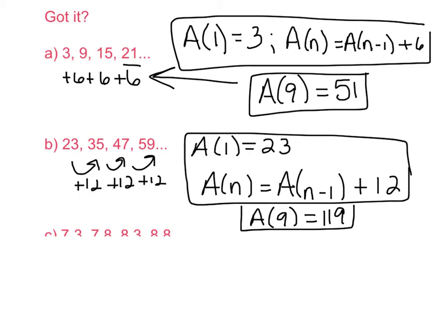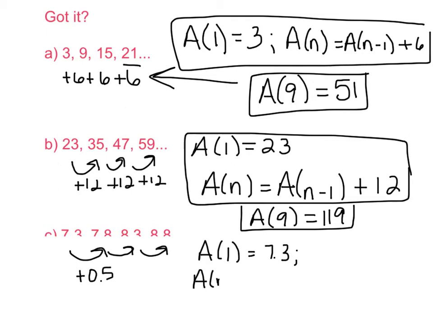And the last one. What are we doing to each of these? You are adding a half, or 5/10. So we start with our first term, which is a of 1 equals 7.3.